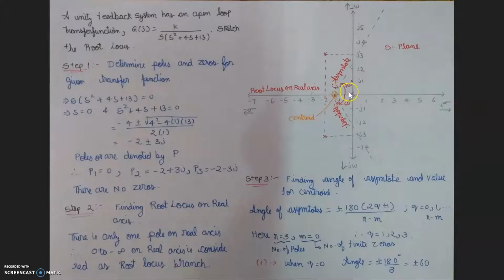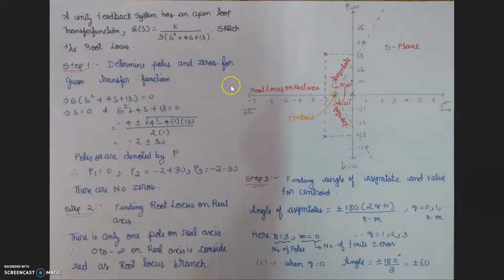I have represented the poles as crosses in pink ink. One pole is 0 and the other two poles are minus 2 plus 3j and minus 2 minus 3j. On the total real axis there exists only one pole, that is at 0, the center point.